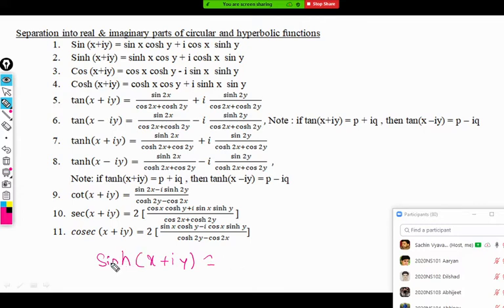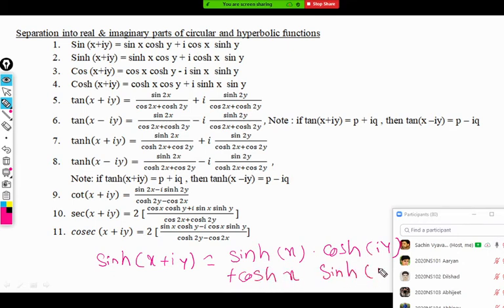Sine hyperbolic of x plus iy is sine hyperbolic x into cos hyperbolic iy plus cos hyperbolic x into sine hyperbolic iy.